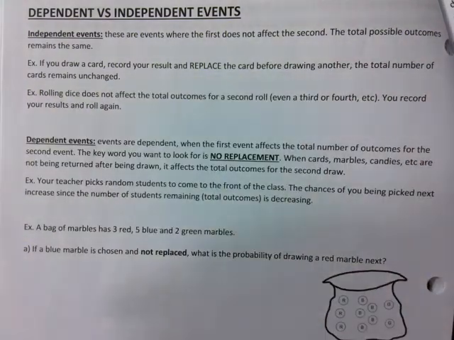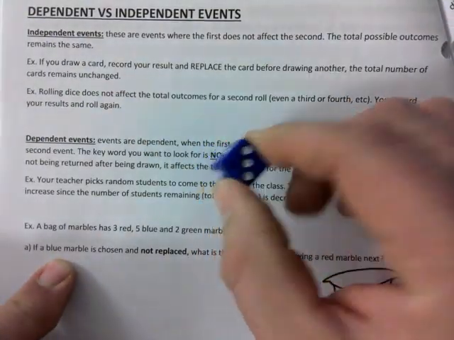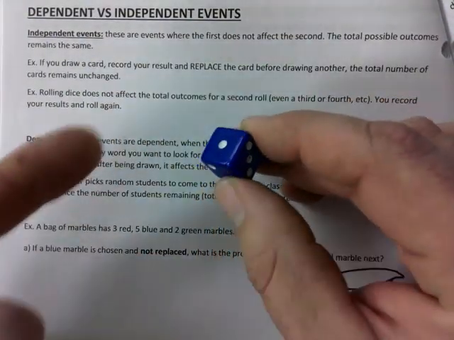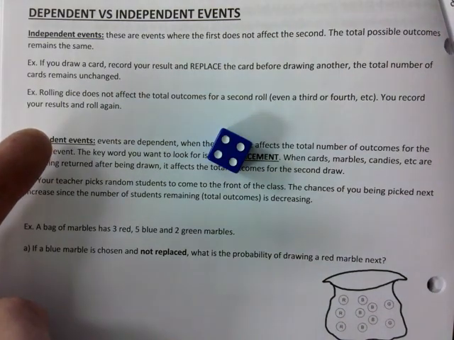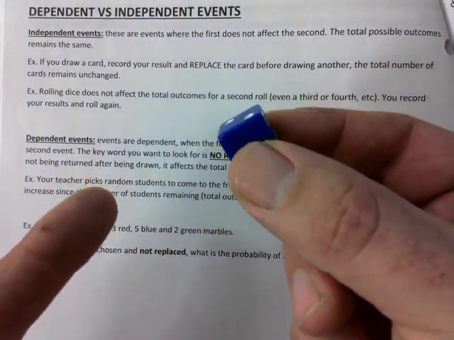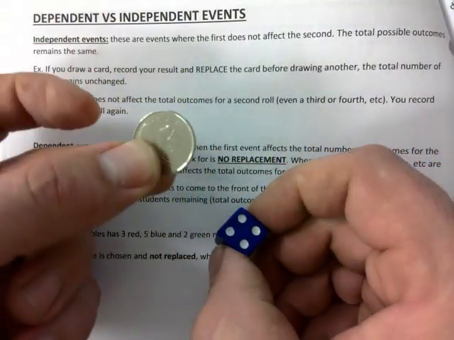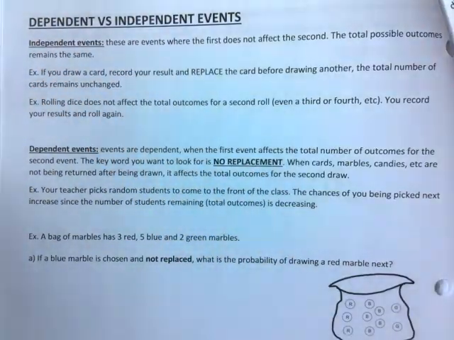We're talking dependent events. However, with a die, you can't remove an outcome. Even if you roll it, the 4 stays on here. You still have 6 options every time. Same with a coin. You can't remove an option. It's always 1 out of 2. So let's keep that in mind as we go along.